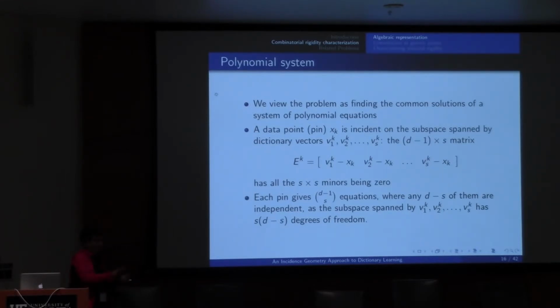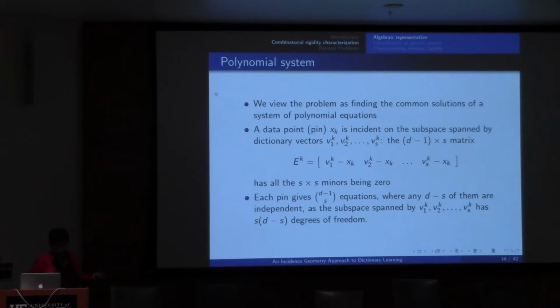So the volume is squashed down to 0. That's all it is, saying that these minors vanish. So each pin therefore gives that many equations, and so you can simply write the equations down. All the equations come down to saying all of these subdeterminants, which correspond to volumes of simplices, all vanish.